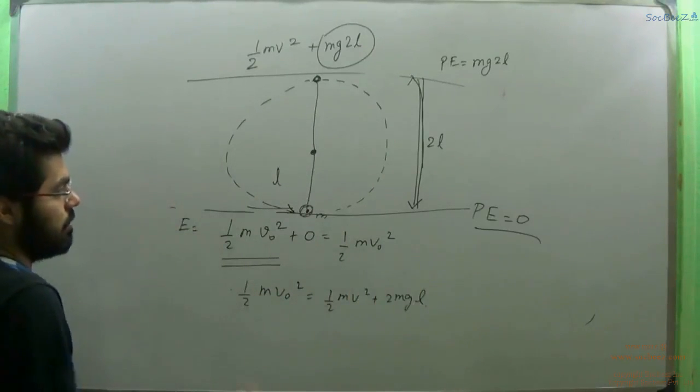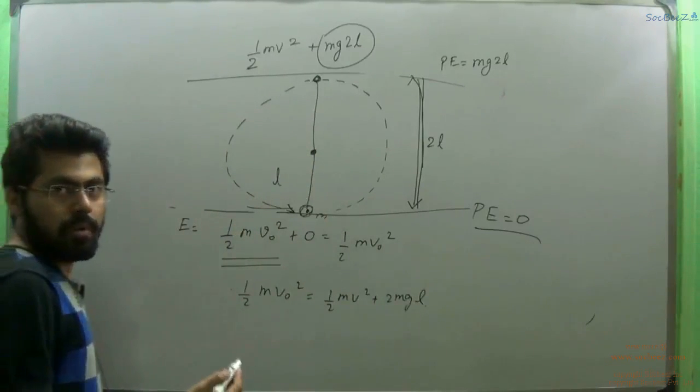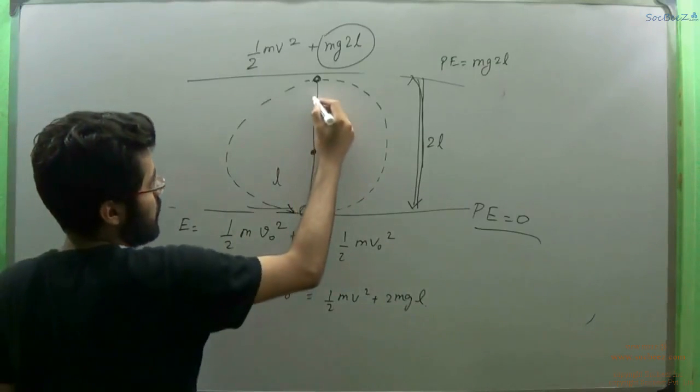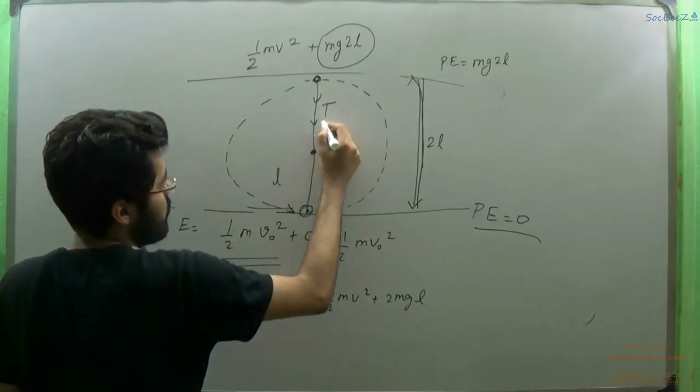Now what else? It's a circular track. It means centripetal force is acting everywhere. So at the topmost point, what are the forces in the downward direction? T as well as mg.